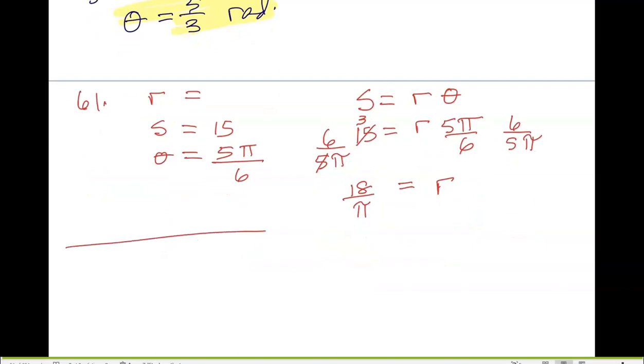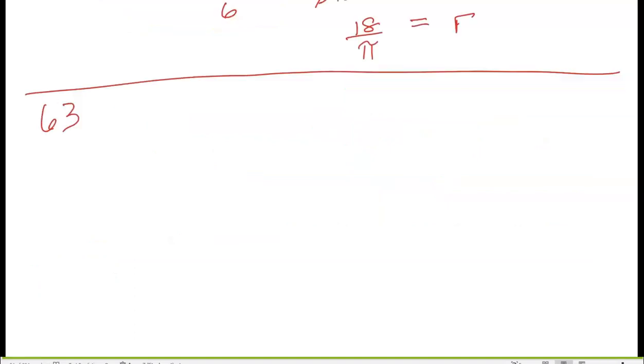Don't worry about that. Okay, so I have 61. 63 is next. 63 gives me a picture. It's going to give me area. I'm going to stop for a second and check my answers thus far. I was able to check everything but 60 in the back of the book, and 60, I went back over it. I think that looks okay. All right, let's go to 63.